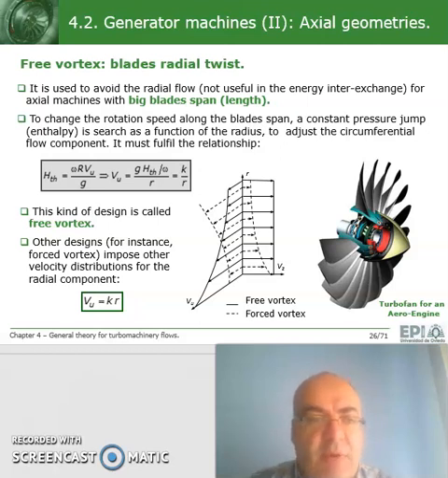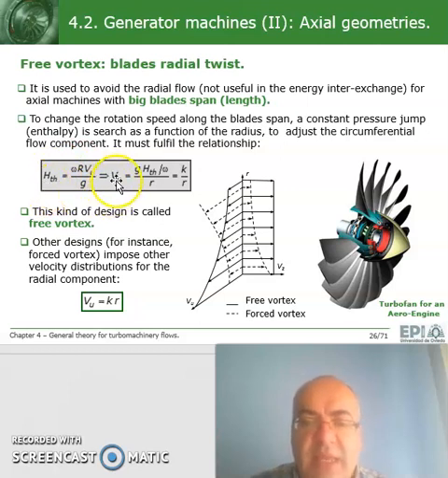And another approach, another idea is to use what is called the free vortex. In fact, the vortex description that we may have, particularly if we use the equation that we have seen so far, the Euler equation, the 1D equation, we have something like this. Remember, U times VU over g, so we have this kind of term for the theoretical head.